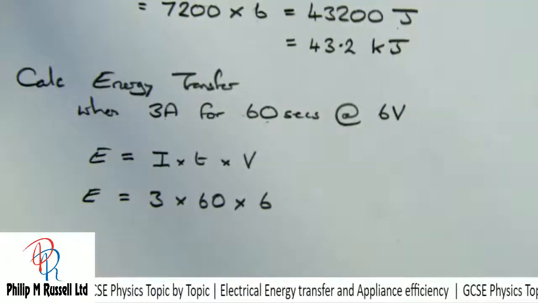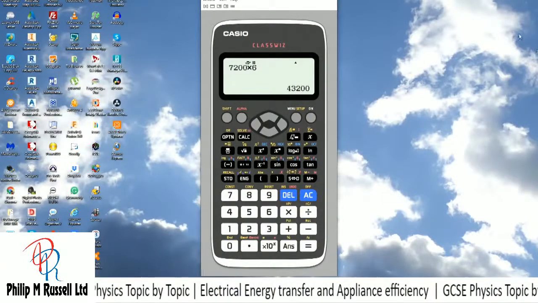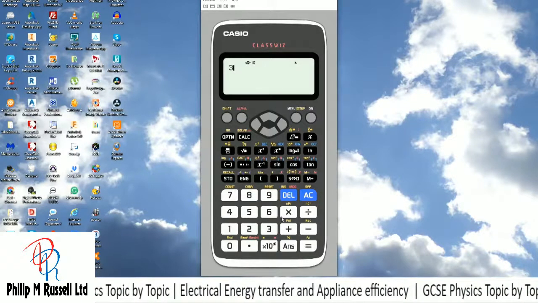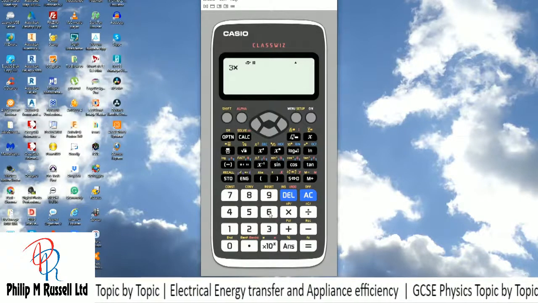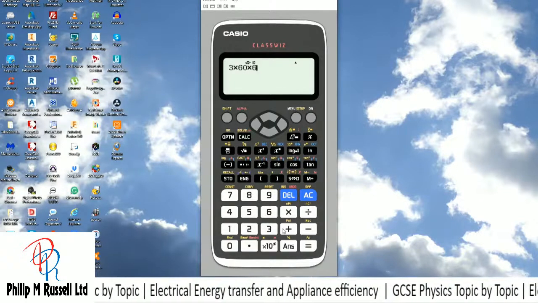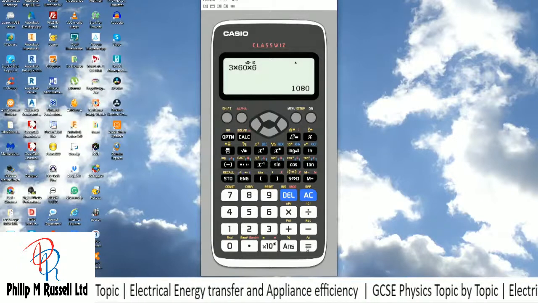And we'll go to the calculator to work that one out. 3 times 60 times 6, and that gives me 1080.